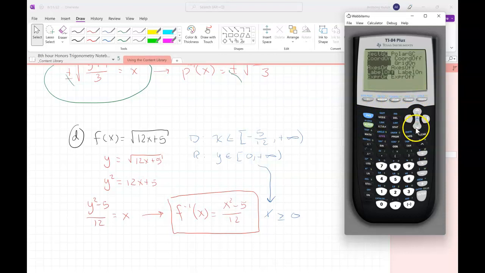Let me turn those axes off real quick. So here's f, here's y equals x, here's the inverse. So the inverse is really only giving us like here to here, right? You know what I mean?